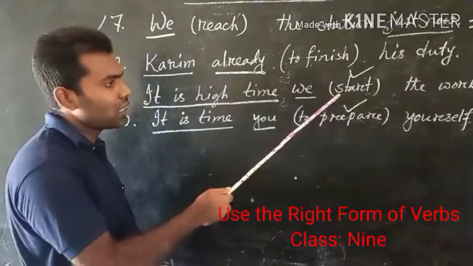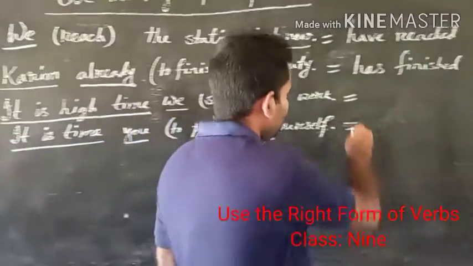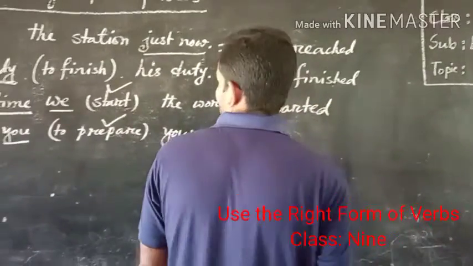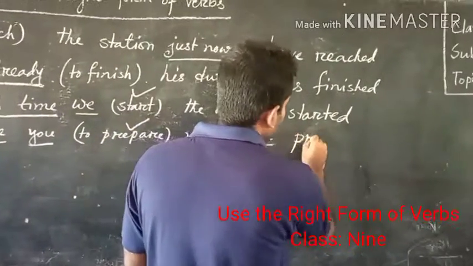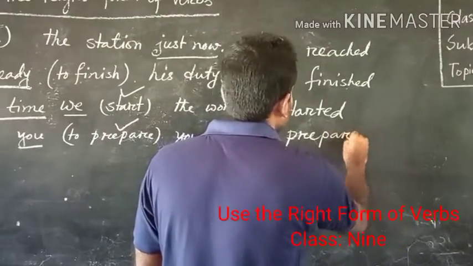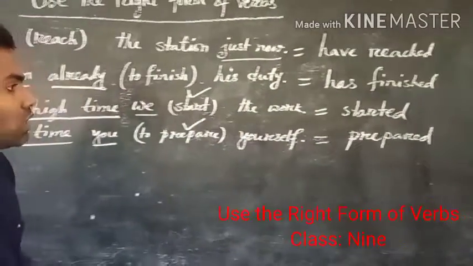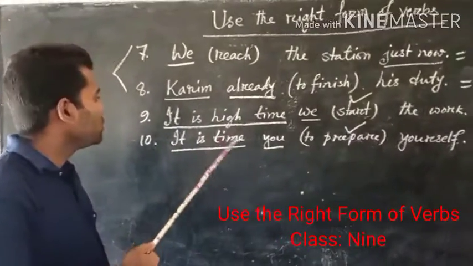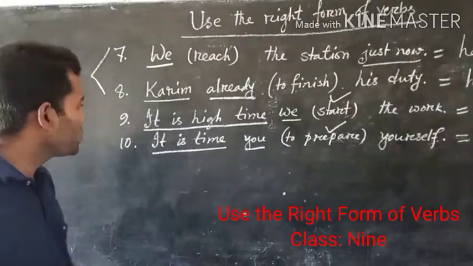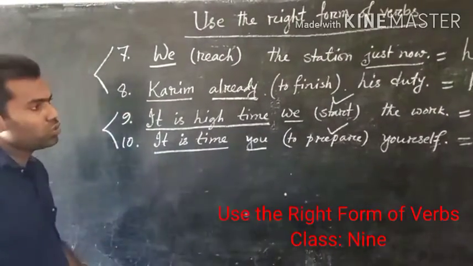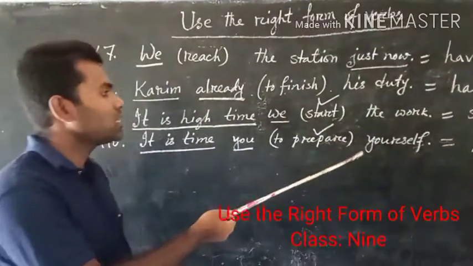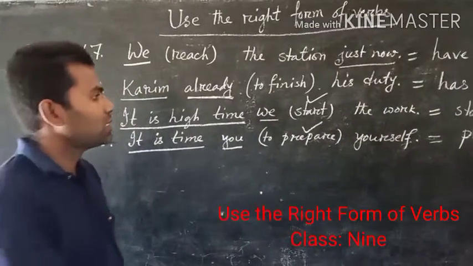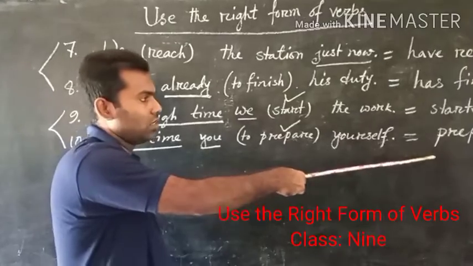That means the answer will be started and prepared. As we find it is time, it is high time in these two sentences, we have to use the verb in past indefinite tense.